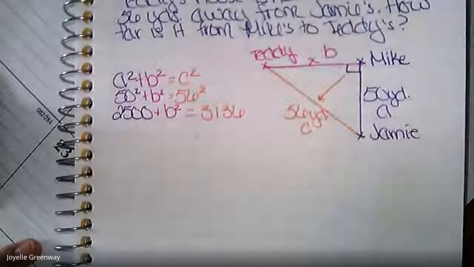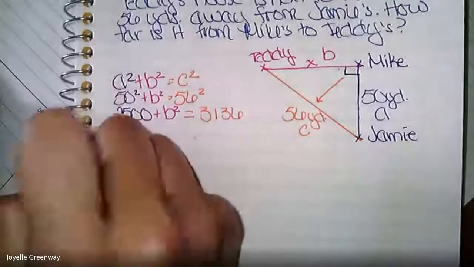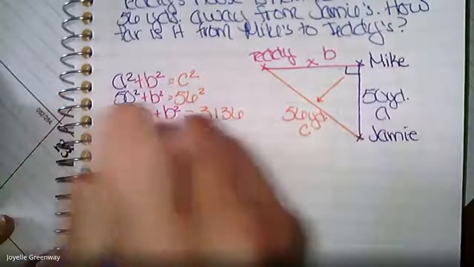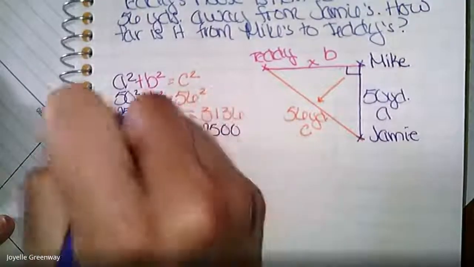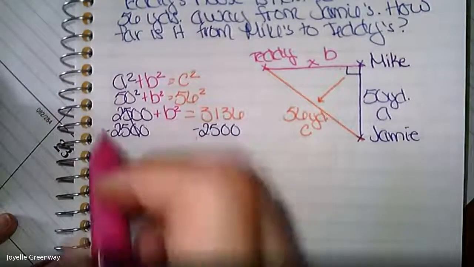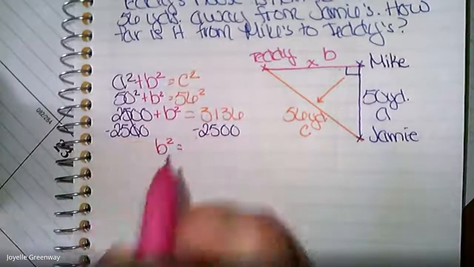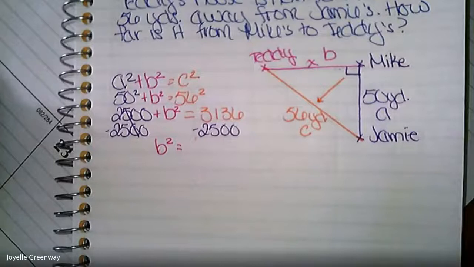Okay, so now I solve for B. I subtract my 2,500, and I have B squared is equal to 636.